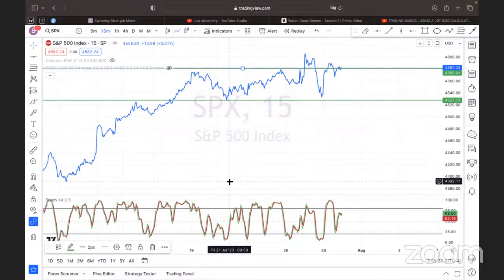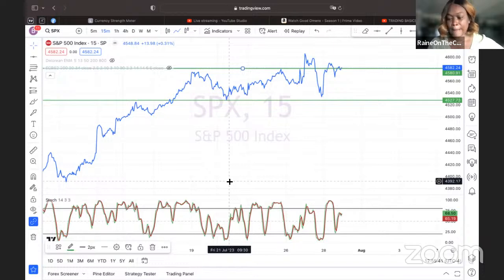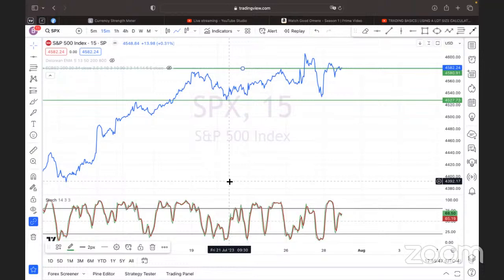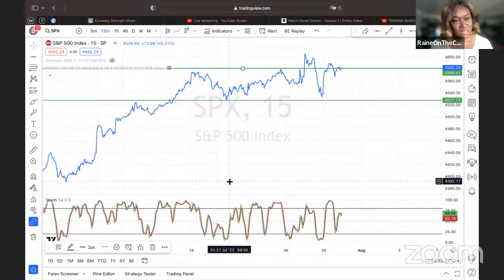No, that's a nice calculator. I'd rather that. Which calculator do you use? I really haven't been using one. Really? I've just been going by my percentage, 1%, 2%. But how do you know what the lot size is that corresponds with the percentage?